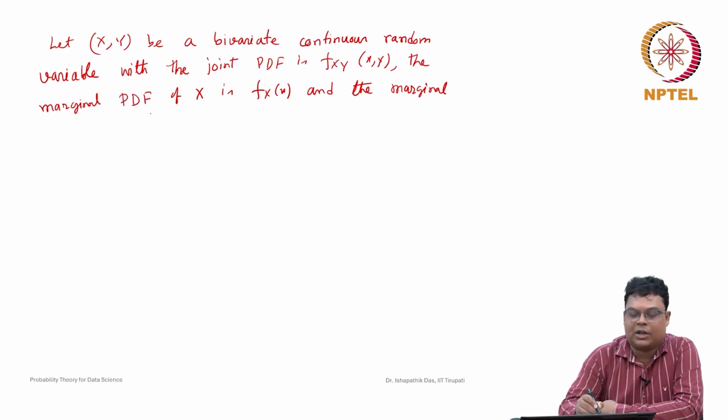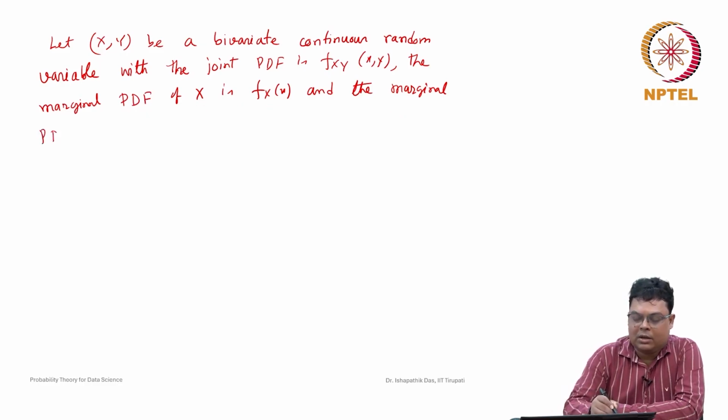Because both are continuous random variables, it has to be a density function. The marginal probability density function of x is f_X(x), and of y is f_Y(y).